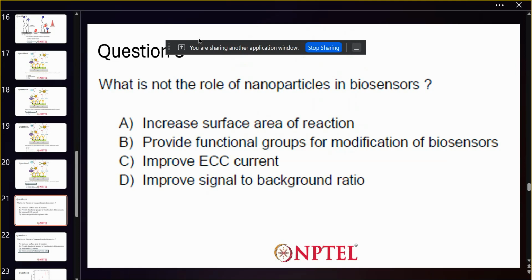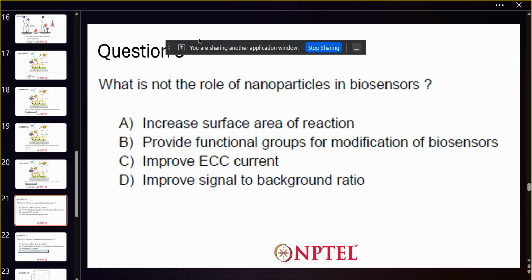Let's move to the second thing: to provide functional groups for modification of biosensors. This has been done in many of the examples in the previous weeks. You have gold nanoparticles, you pre-treat the surface with NaBH4, then you put some coating, and then you put the functional group.